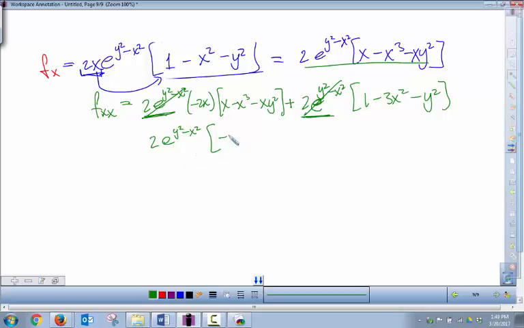I have minus 2x squared plus 2x to the 4th plus 2x squared y squared minus 1 minus 3x squared minus y squared. Can I combine anything? I think I can combine those two, right? No, there should be a plus.